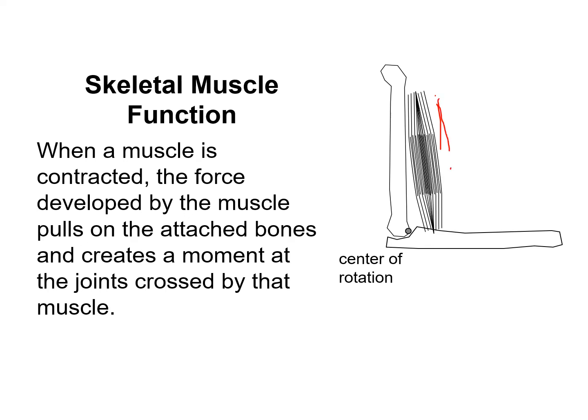So it's shortening towards its center. Sorry for my sloppy writing. And it's going to pull upwards on our forearm bone, either radius or ulna right here. It's going to pull upwards and cause the motion of arm flexion.